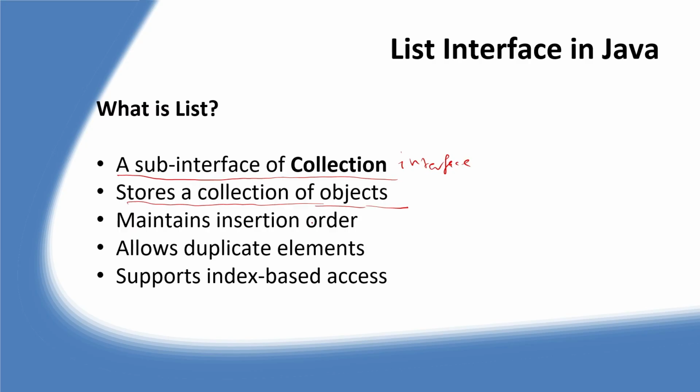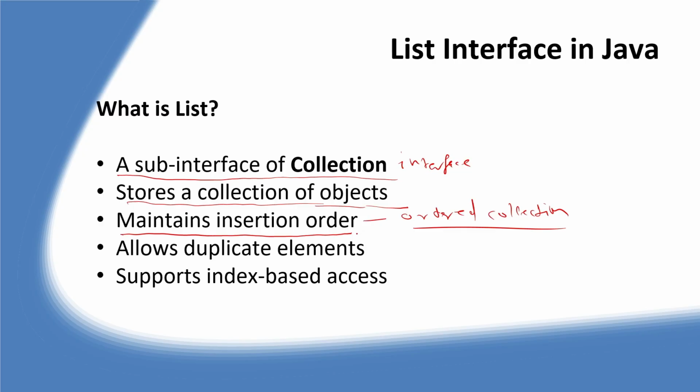What do we mean by ordered collection? It maintains insertion order. So ordered collection means it will maintain the insertion order. That means the order in which the elements are inserted into the list, the same order the objects will be there.